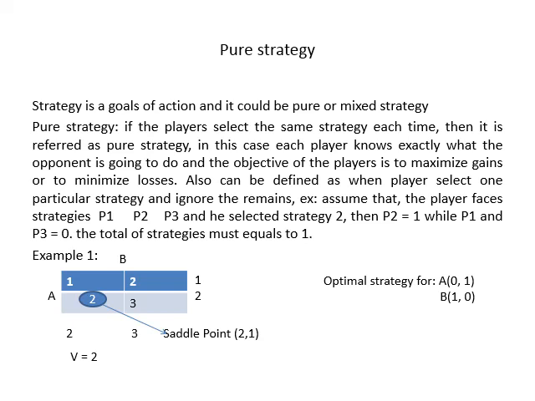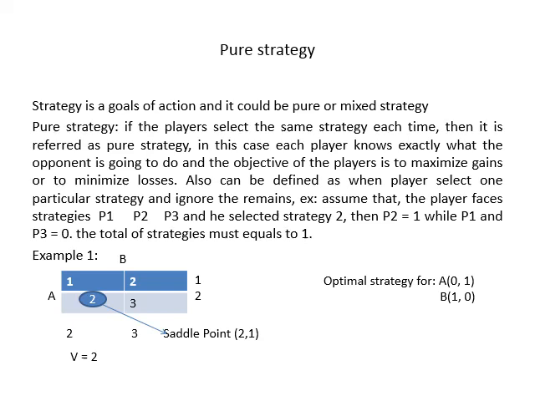Accordingly, the optimal strategy for player A is 0 and 1. Why 0 and 1?